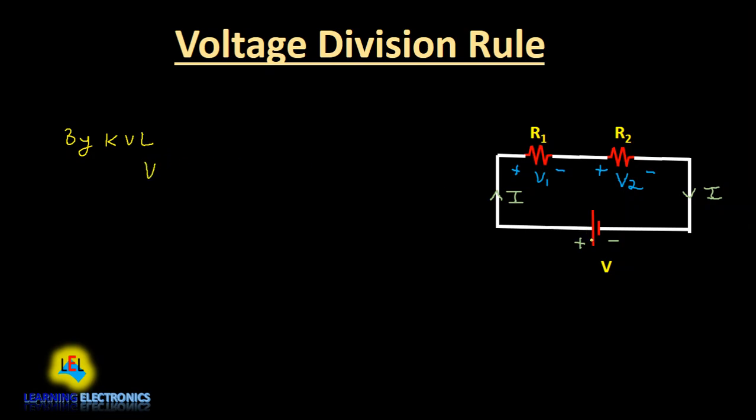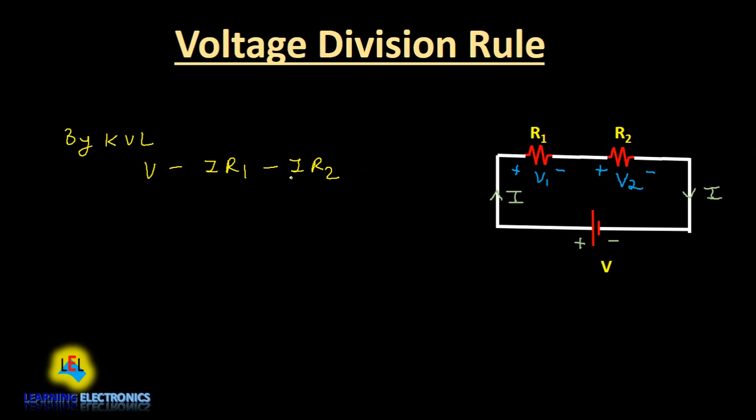V is equal to, we start from the positive terminal of V. So plus V, minus I into R1, minus I into R2. We know that in a series circuit the same current flows. So this I will flow through R1 and R2 also. So here we are taking I R1 and I R2 for that reason only.